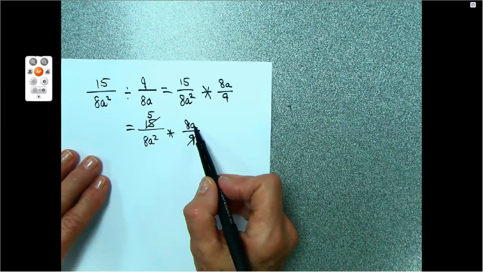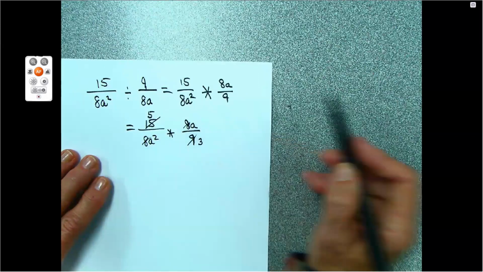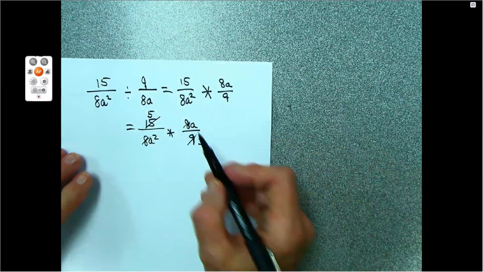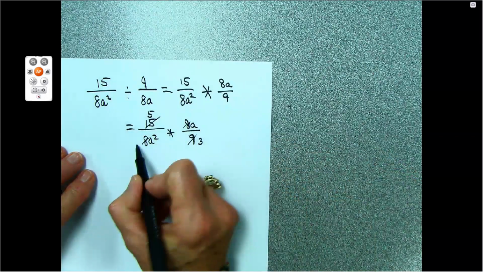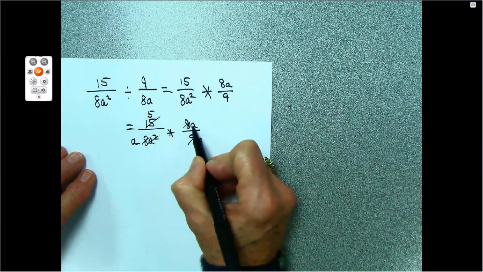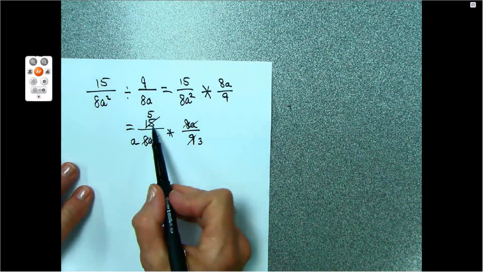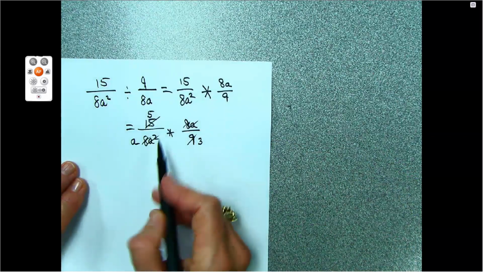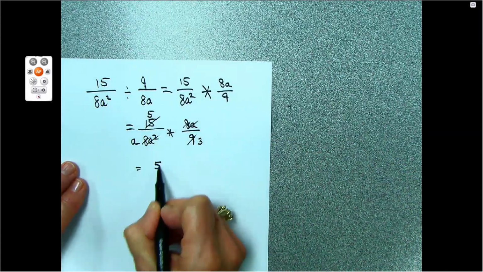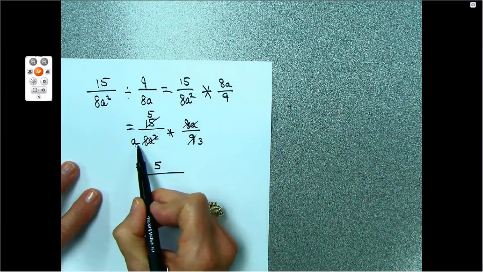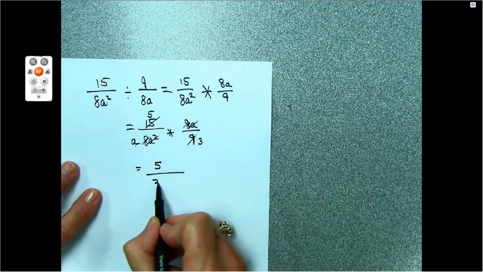How many times? Well, 8 goes into 8 once, right? And I'm going to end up with an a in the denominator. Cancel out the a in the numerator. So it looks like in the numerator, all I have left is 5. In the denominator, I have an a times a 3, for 3a.